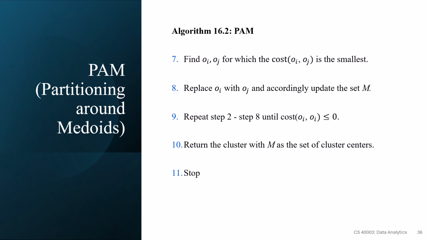Find the Oi and Oj for which the cost is smallest. Replace Oi with Oj. Accordingly, update the set M. Repeat step 2 to step 8 until the cost is less than or equal to 0. Return the clusters with M as the set of cluster centers.